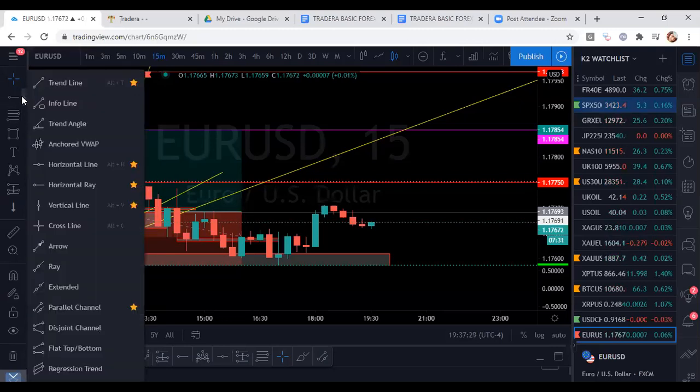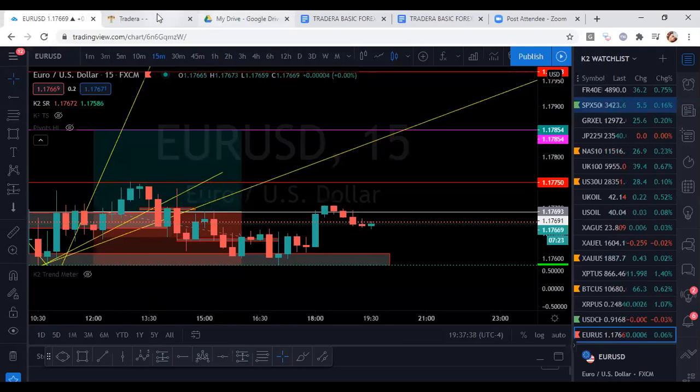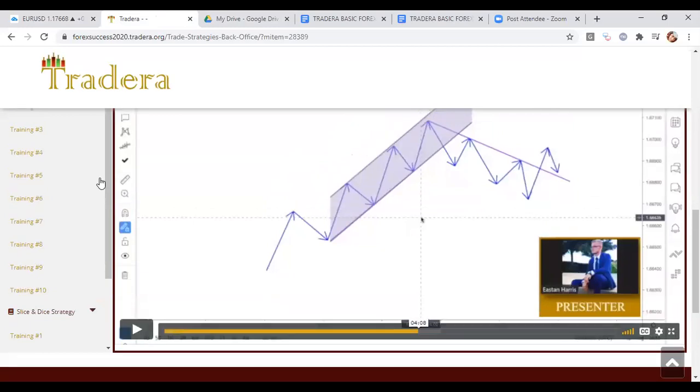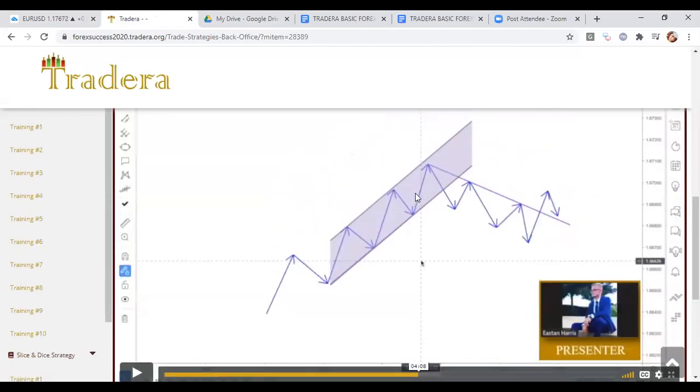It's up there, yeah. Parallel channel near the bottom. Parallel channel, that's what it is. Right here. Awesome. Thank you. Okay, so that's why you grab that. And so you spread the width of it and then just open it up. I want to make sure everybody knows how to use that.